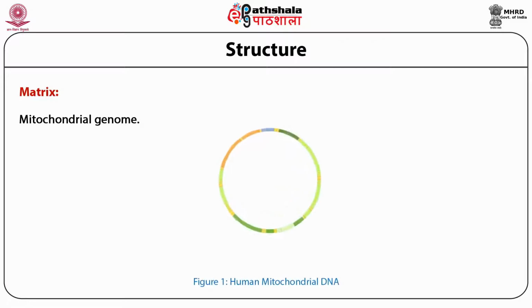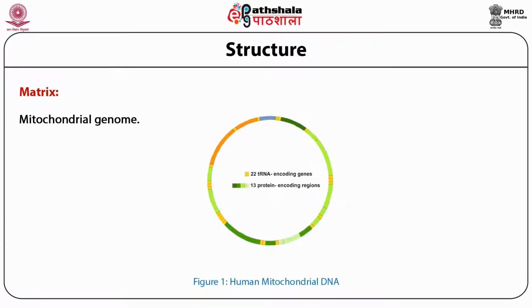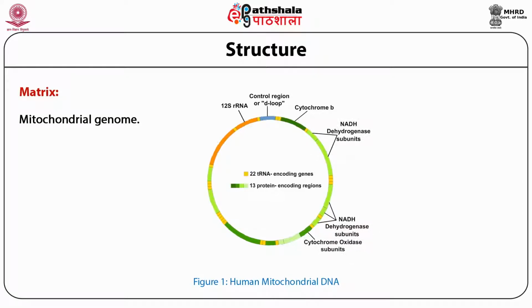The mitochondrion has its own DNA and has the machinery for replication, transcription, and translation. Therefore, it can be considered as an autonomous cell organelle.